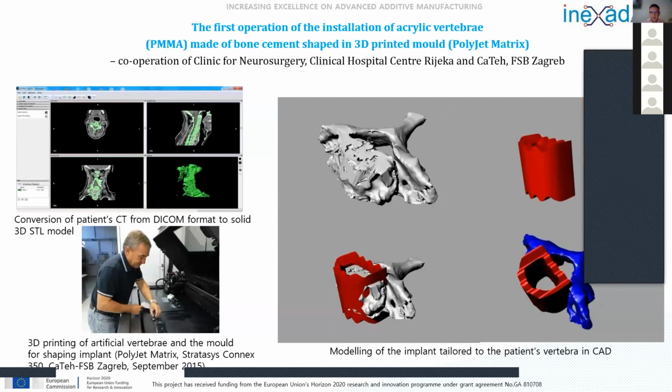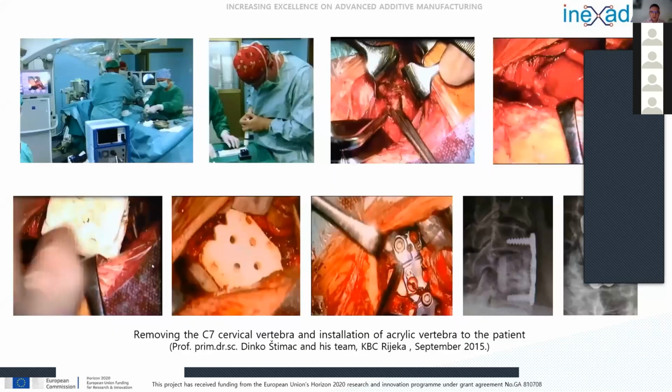One year later, we have another example. In this case, it was the production of a vertebra. We have one patient with cancer in a vertebra, and we have to replace one portion of this vertebra. So we have produced a mold. Again, the process was the same.